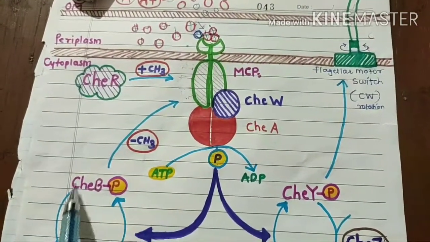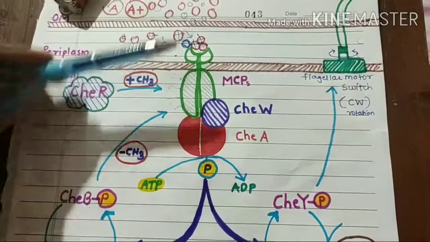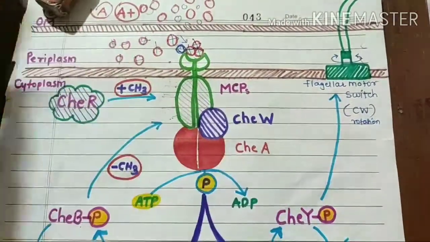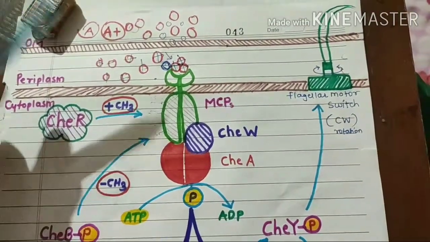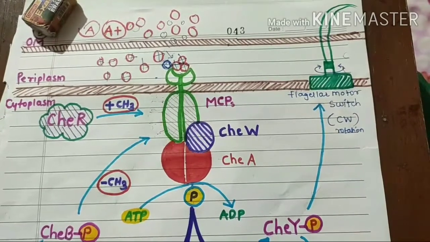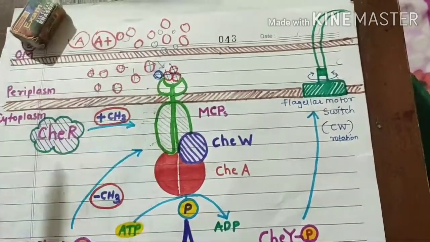And we know the role of CheB, it removes the methyl group, so that when there is no available attractant, or a very low concentration of attractant is available, the cell has to become sensitive again for that concentration.